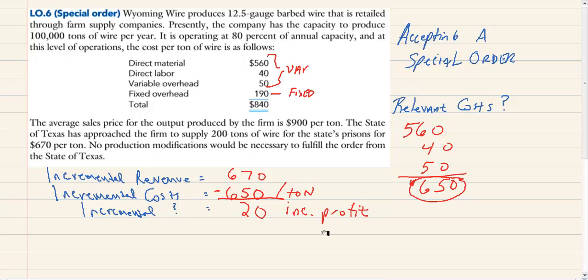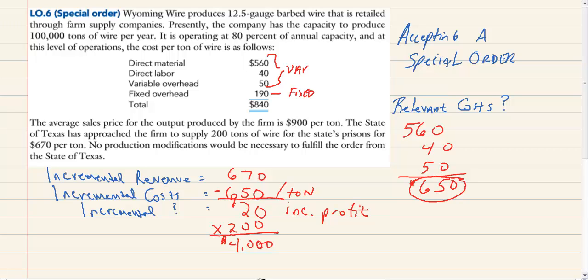Based on that, we should accept the job, because the $20 per ton profit multiplied by the 200 tons needed would give us a $4,000 incremental profit. Normally, we would base our decision on the amount of profit that we would make. In this case, since we got a profit, we go ahead and accept the order.